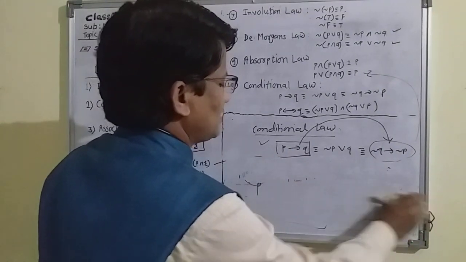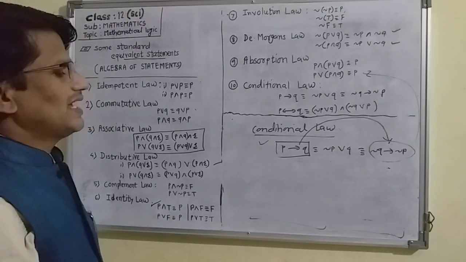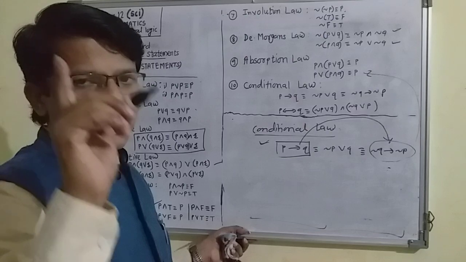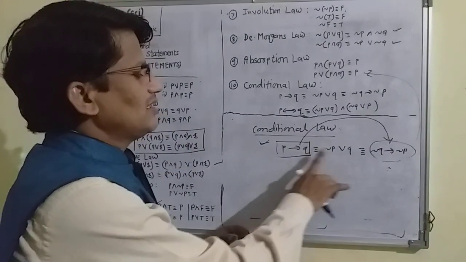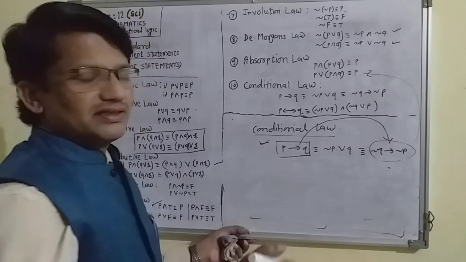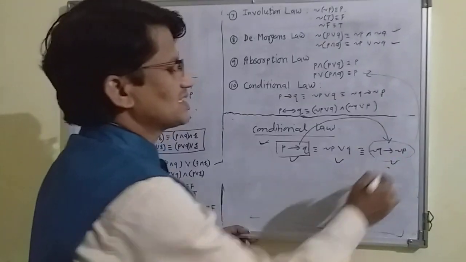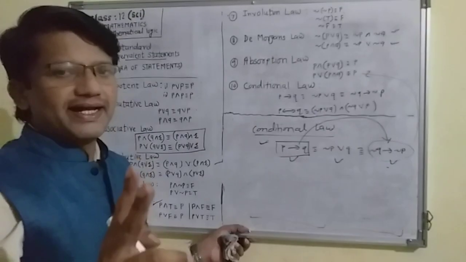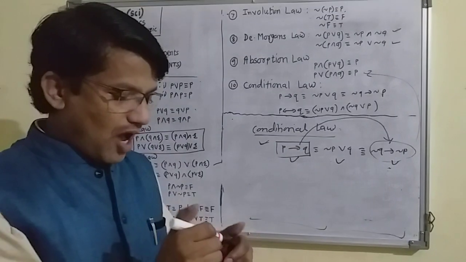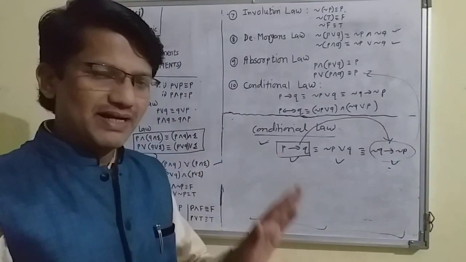Means what? In this rule, we have seen any conditional statement can be represented in this way as well as this way, and the meaning of both statements can be verified using a truth table, and we all know how to construct the truth table of the given statement pattern.